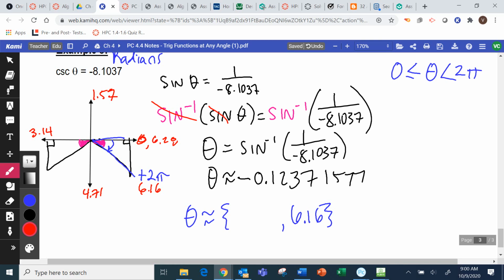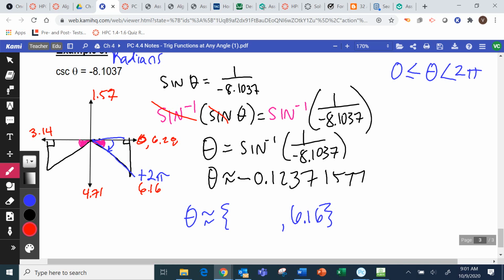Awesome. What it is, I subtracted 6.16 from 2 pi, which gave me the reference angle, and I added that to pi. When you subtracted those, what number did you get? Our first answer was positive. Right.